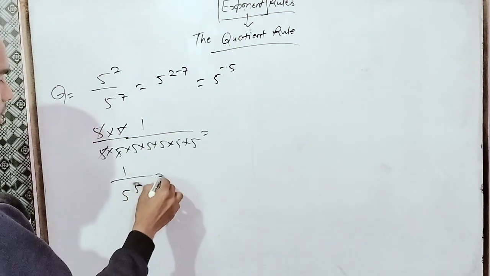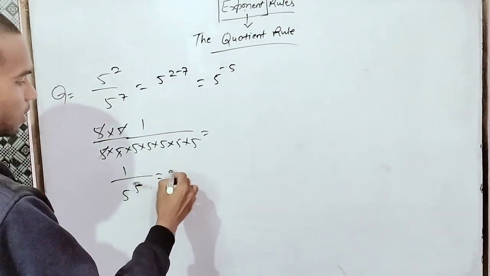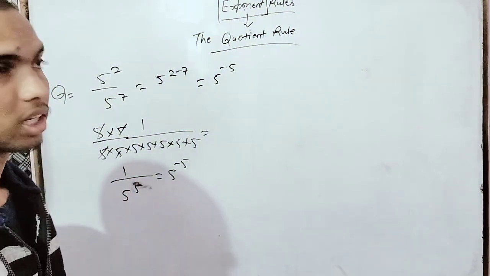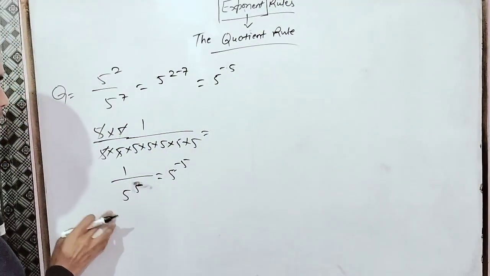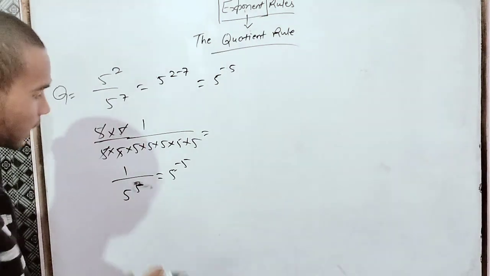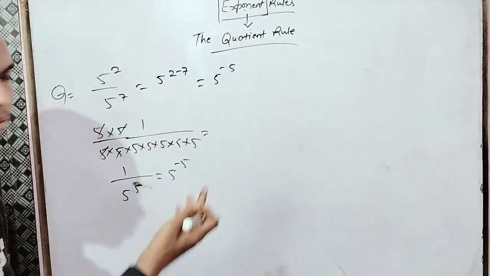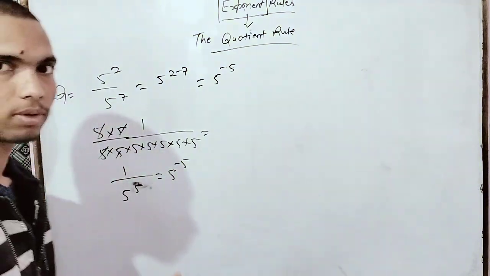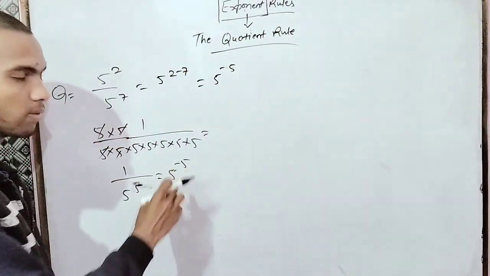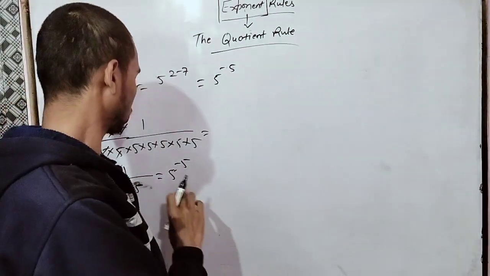You will understand that it can be written as 5 raised to the power negative 5. It is happening because this number is in the denominator and we are writing it in the numerator, so that's why the exponent will change its sign.